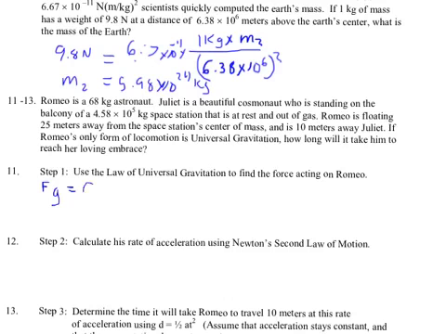Romeo. So we're going to say 6.67 times 10 to the negative 11th, and now we're going to multiply that by M1, which is 68.